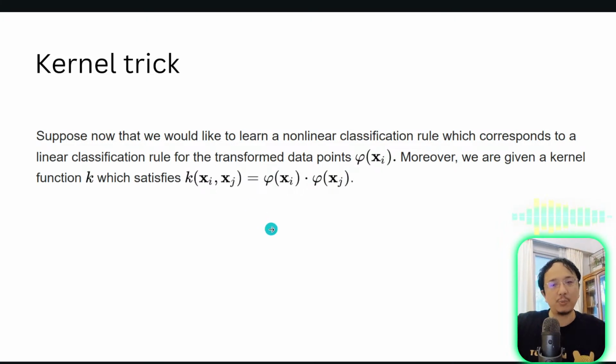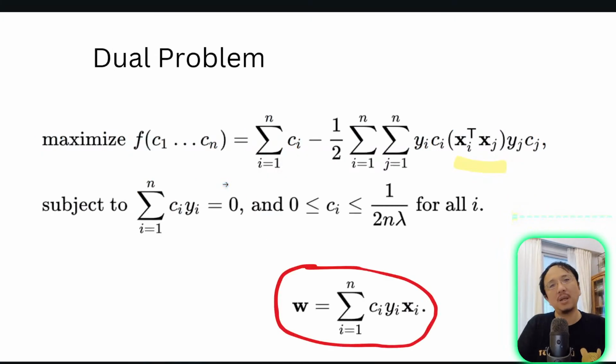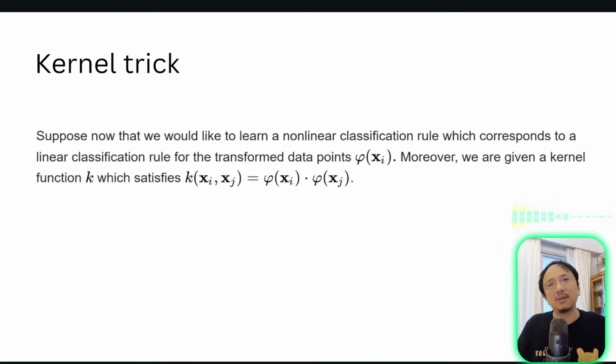But for now, we don't need to worry too much about it, because we will provide some common choices of kernel later. Also, this function is called kernel. So let's see how we can ignore this phi function here. We can ignore the mapping phi here and use the kernel directly.